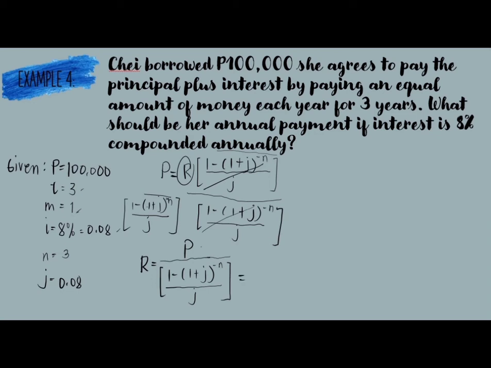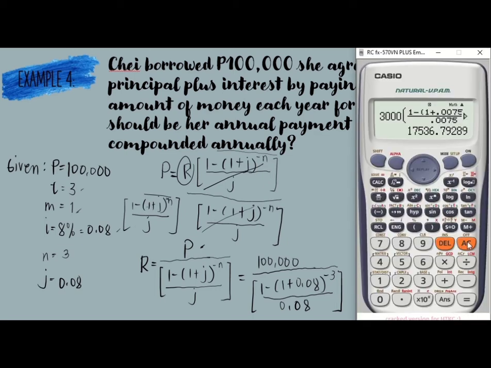So, yung P or yung present value is 100,000 over 1 minus 1 plus j. Ang j is 0.08 raised to negative n. That is 3 over j na 0.08. Yan. Okay, so now, input natin sa ating calculator. Okay, so 100,000 yung nasa numerator. So 100,000 over, so fraction din yung nasa baba.